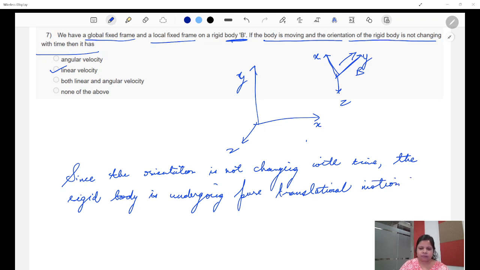In translational motion, every point on the rigid body moves with the same linear velocity and there is no rotation about any axis. Therefore the body has linear velocity and no angular velocity.